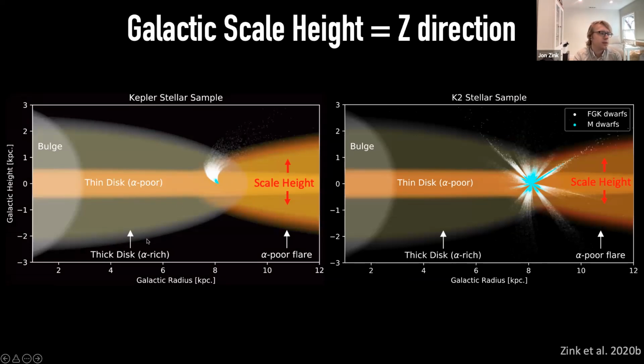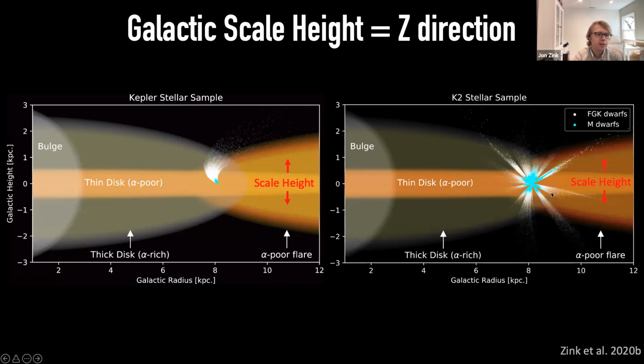Whereas the thick disk region has a lot of alpha element enhancements, which I indicated might be important for these smaller planets to form. There's some early evidence to suggest that's true, but we really need a better sample.